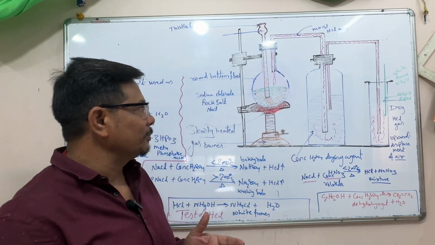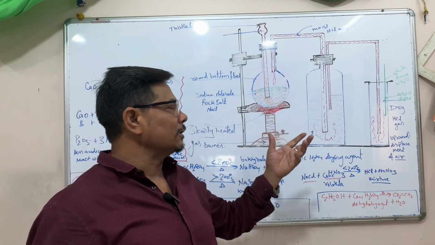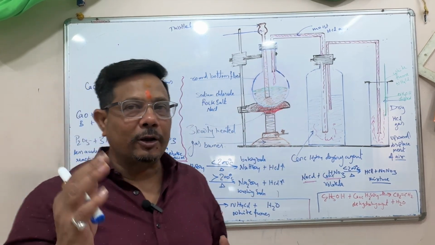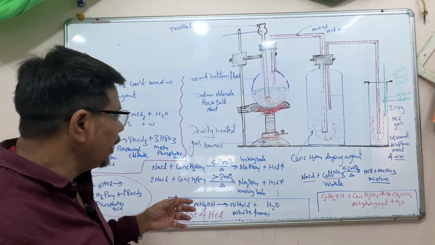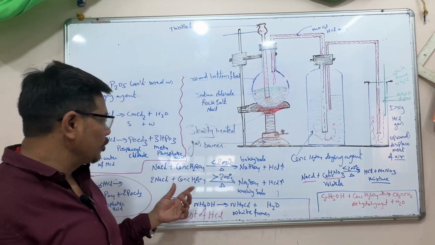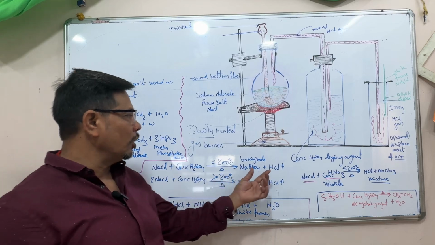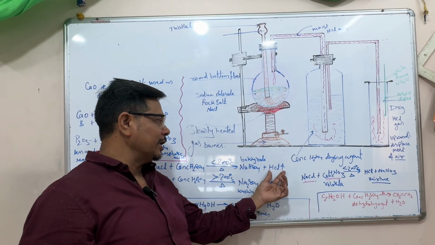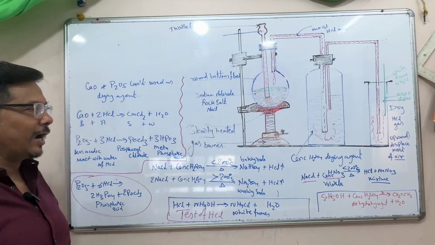So we can decrease fuel consumption and protect our glass tube. Due to this reason we don't heat above 200 degrees Celsius, because we want HCl gas by reacting sodium chloride with concentrated sulfuric acid.